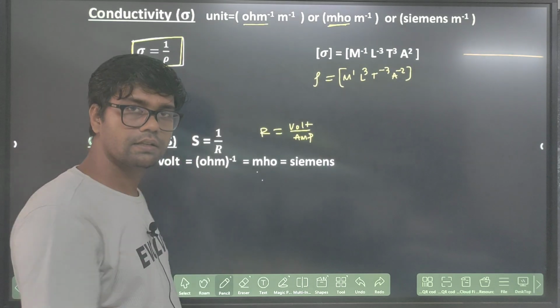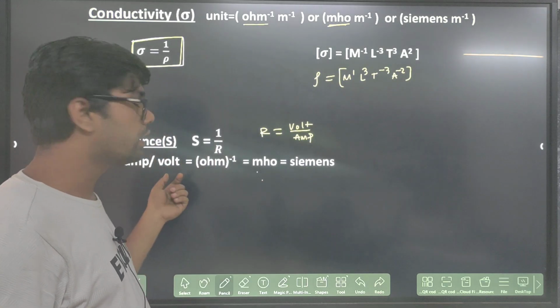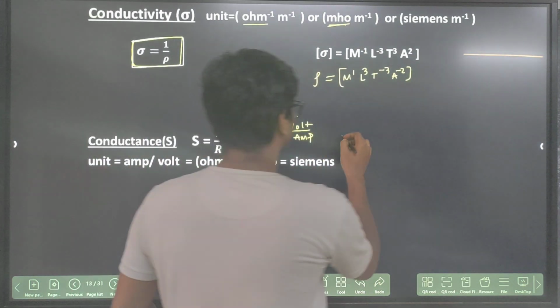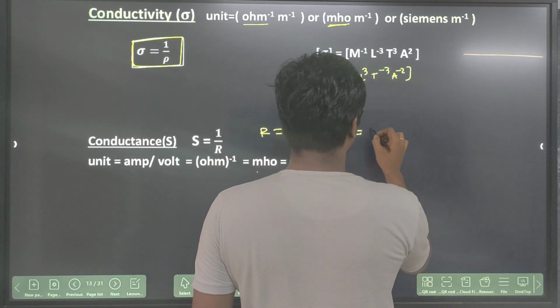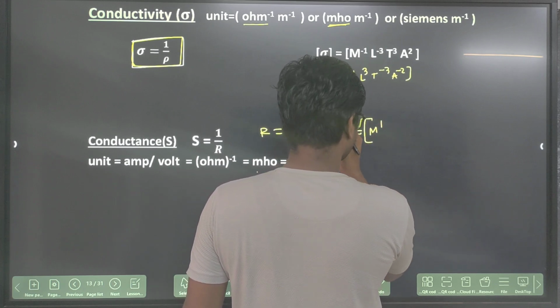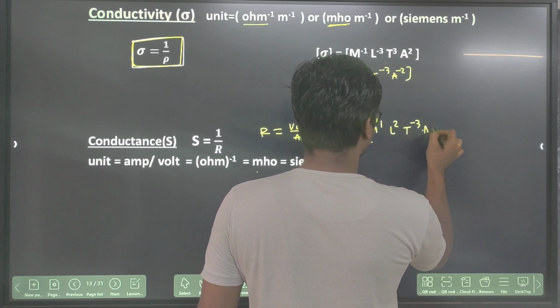You can easily find the dimension of the conductance, because you know the dimension of the resistance. The dimension of resistance is M1 L2 T minus 3 A minus 2.